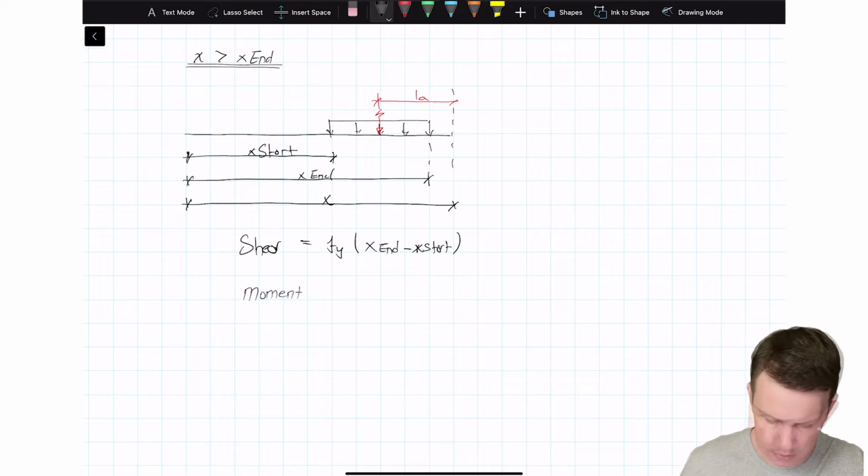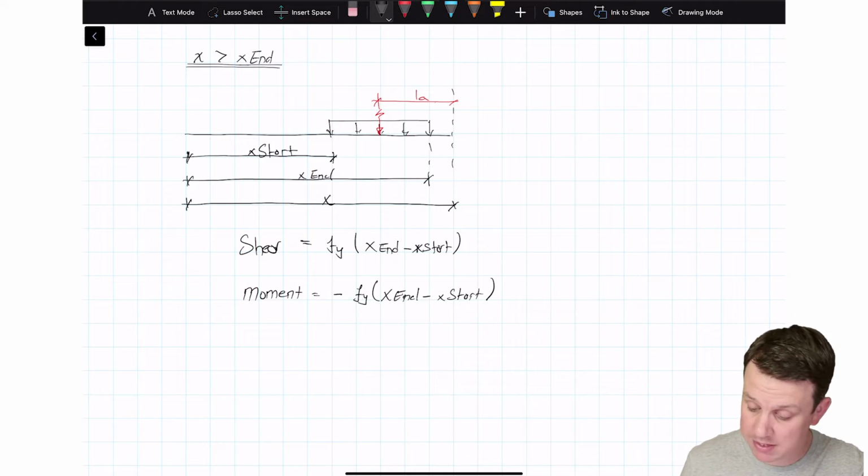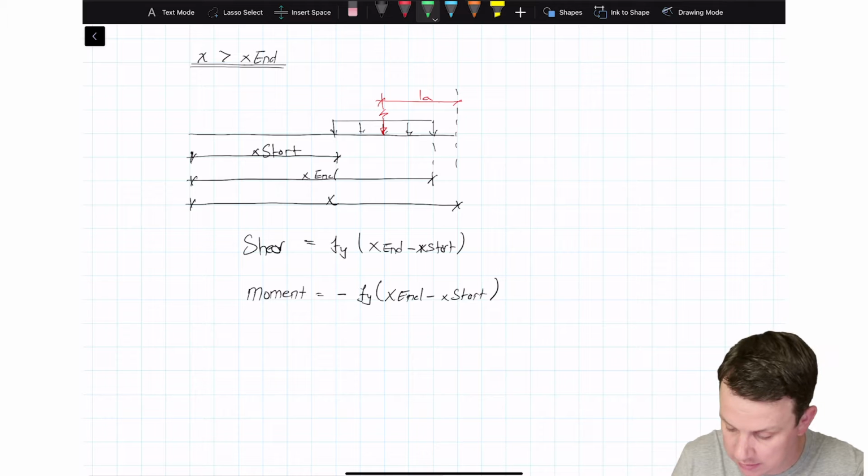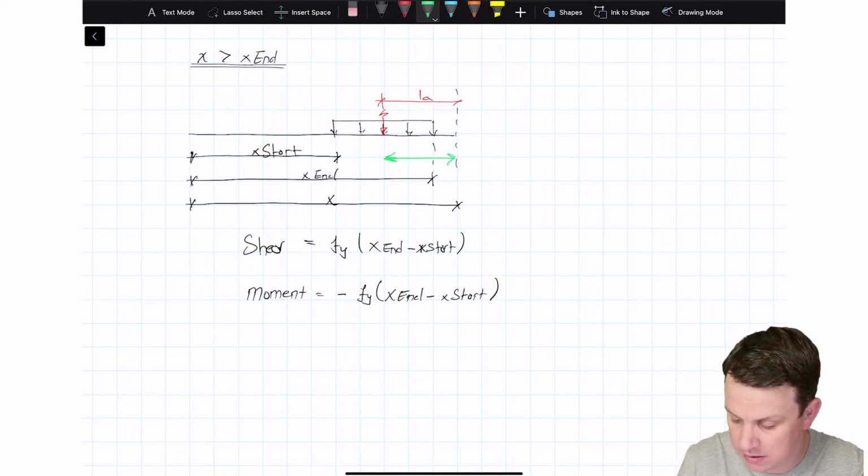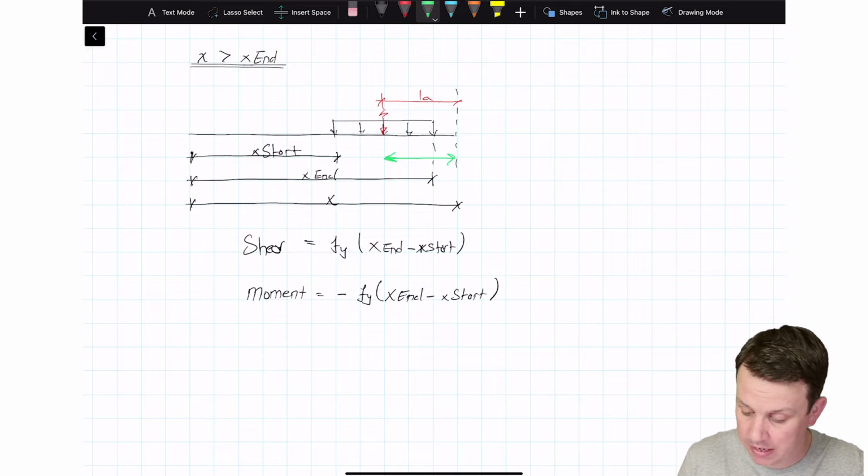Your moment is going to be minus Fy, so the full force times its lever arm. So what's the lever arm this time? Well, the lever arm is going to be this distance in here. So how do I get that distance, right? One way of getting it is, it's going to be x, the total distance.